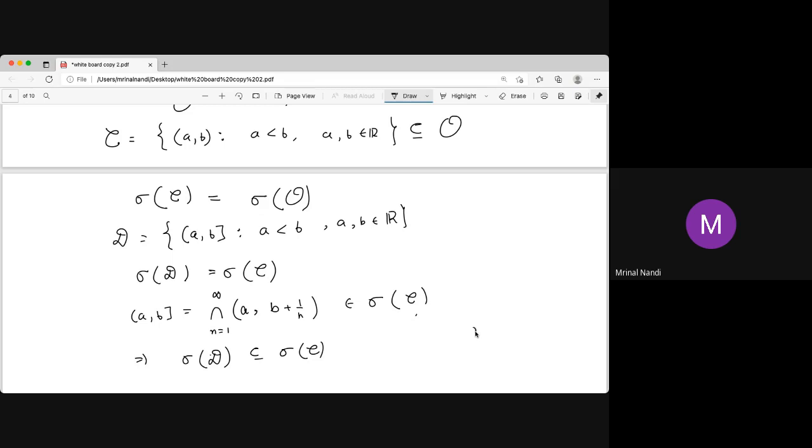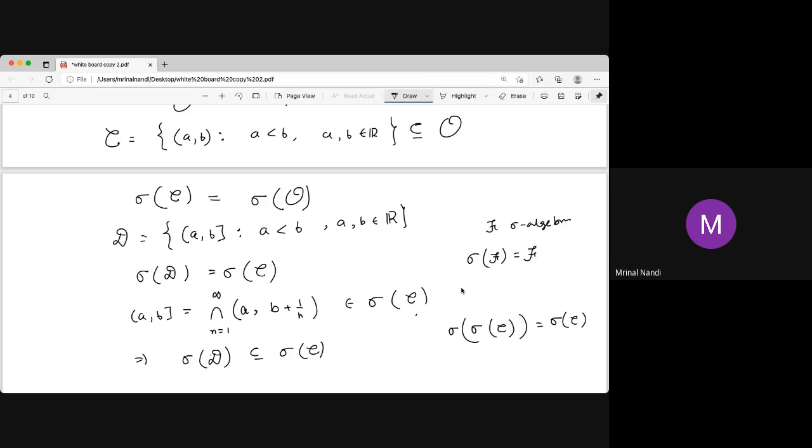Now, once you have a sigma algebra, and if you want to take the smallest sigma algebra containing that sigma algebra, it's just equal to that sigma algebra. So if script F is a sigma algebra, then the smallest sigma algebra containing all the sets of this script F is actually script F. This is the smallest.